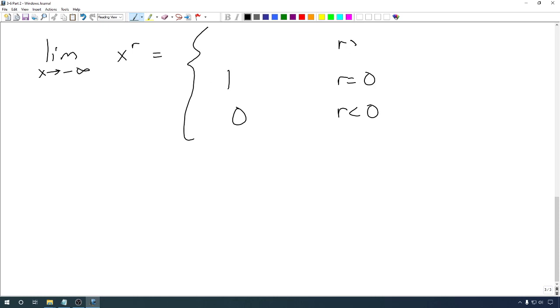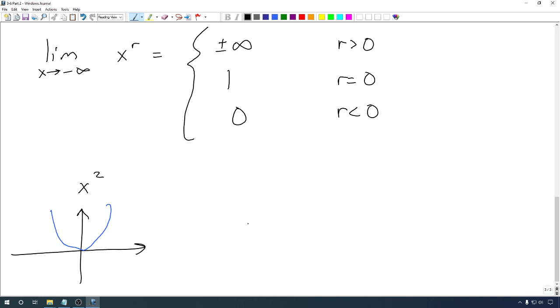But if r is positive, this could go to either positive infinity or negative infinity. Think about, say, x squared. If we look at x squared, remember our graph of this one looks something like this. As we go off to negative infinity, we do get positive values. It continues to go to positive infinity.